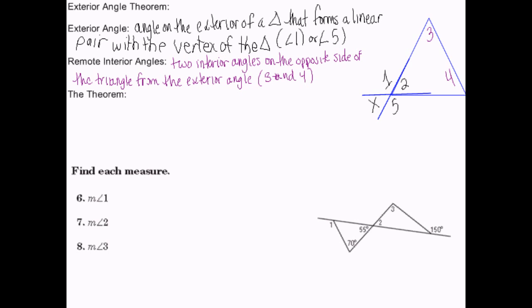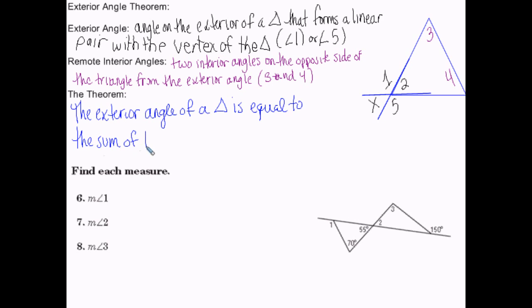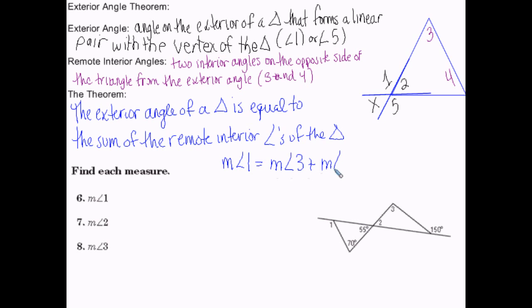The exterior angle of the triangle, angle 1, that was our original exterior angle, is equal to the measures of angle 3 plus angle 4.